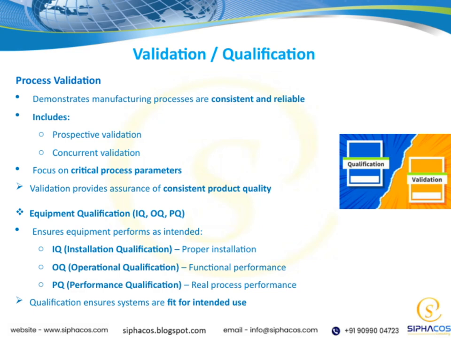A key focus during validation is on critical process parameters, those variables that have a significant impact on product quality. Ultimately, validation gives us assurance that our products will meet quality standards consistently, reducing risks and ensuring patient safety. This is all part of maintaining a robust quality system that supports the overall goal of delivering safe and effective products.